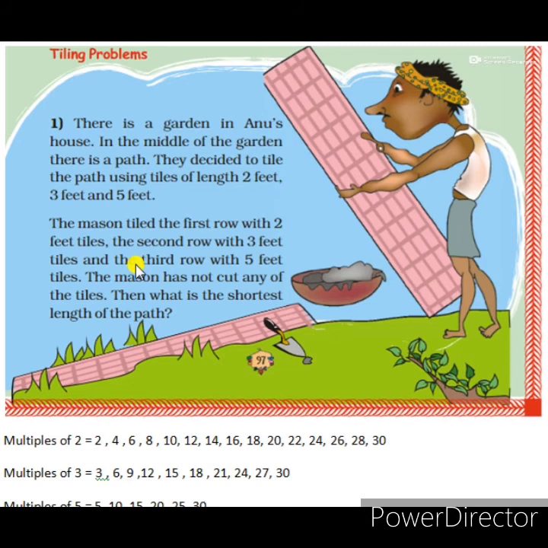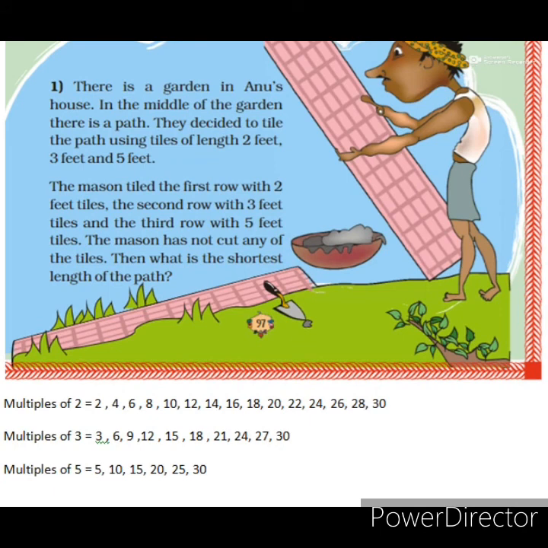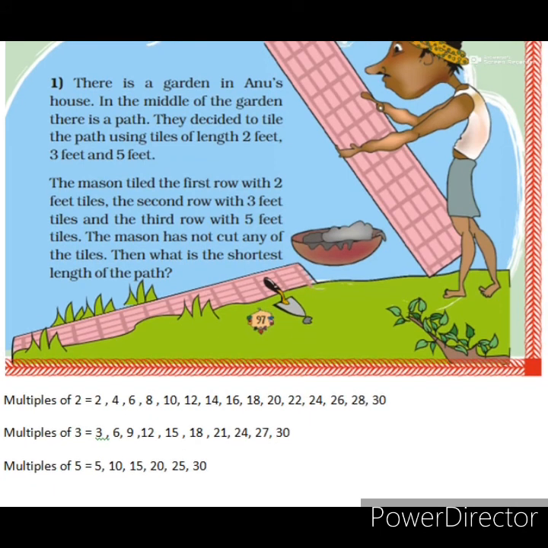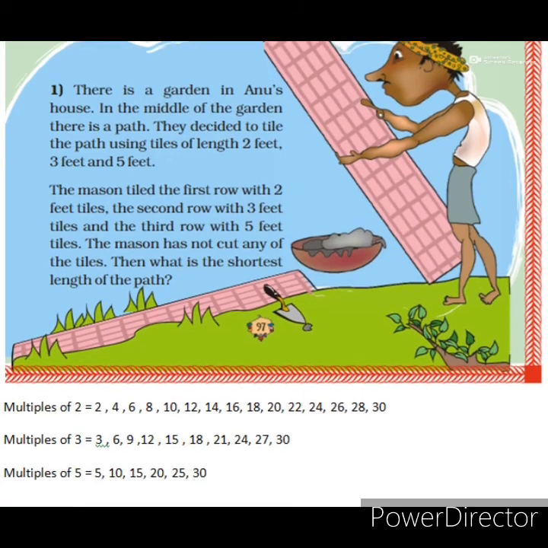To find the shortest length of this path, we have to find the shortest common multiple of these three measurements, 2, 3 and 5. Shortest common multiple means lowest common multiple. We know that we have to find the LCM of these three numbers.